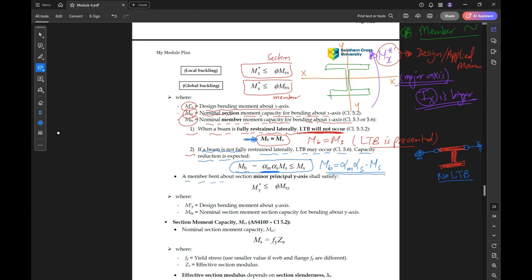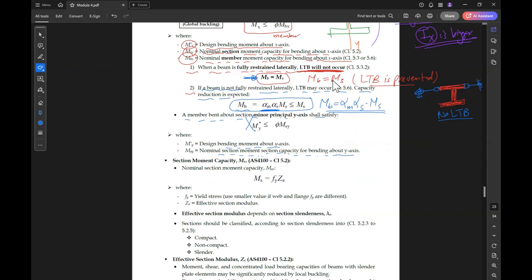If the member is bent about the minor principal axis, it is MY, similar to MX, where MY and MSY are the design bending moment about the Y axis and the nominal section capacity about the Y axis.